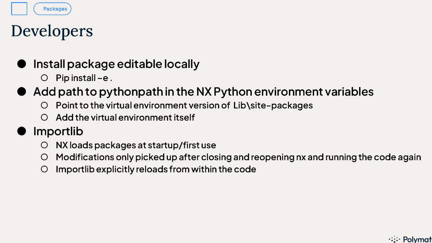That also means that if you're developing and making changes, those changes do not come back unless you shut down NX and restart. What you can do is use importlib to programmatically reload your own package, so you don't have to restart NX all the time. It's just a convenience, but if you're making a lot of changes and testing, it can be very handy. You can leave that for later.